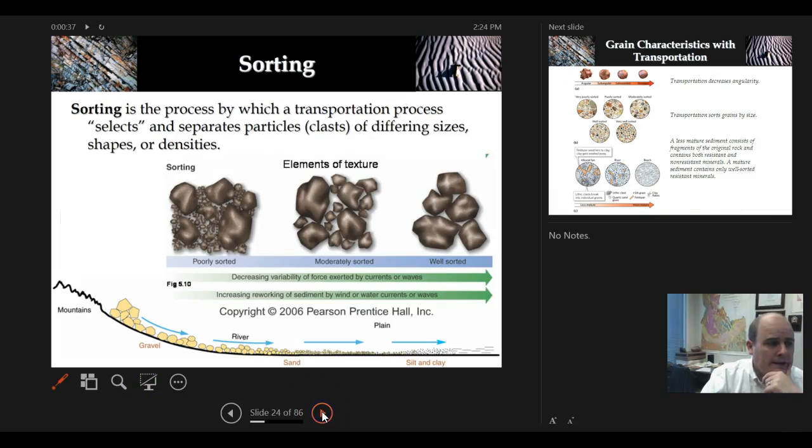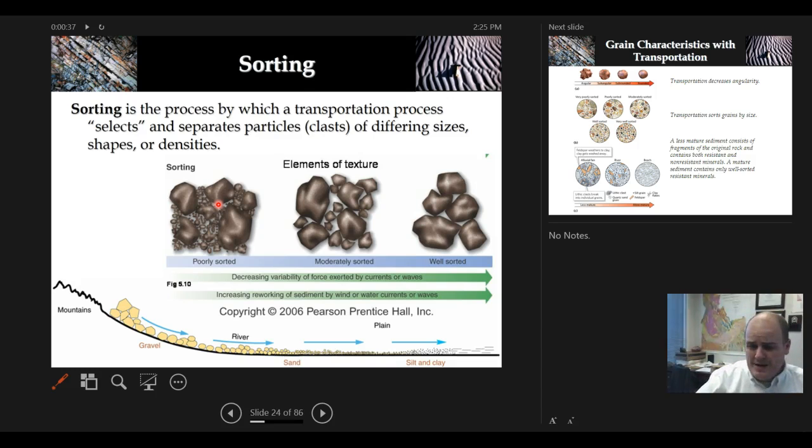Okay. Now when that happens, you have what we call a sorting process for these clastic rocks. Sorting occurs because of the energy in a system, okay? It's the process by which the transportation process selects or separates particles of differing size, shapes, or densities.